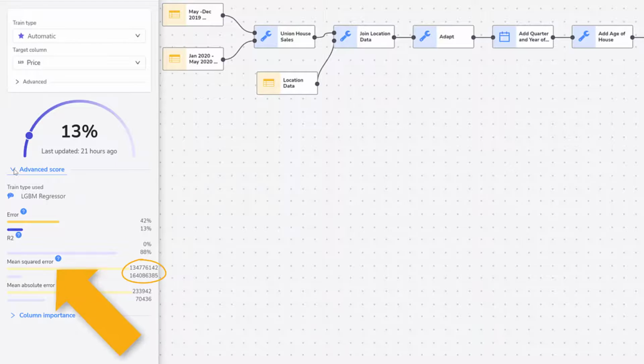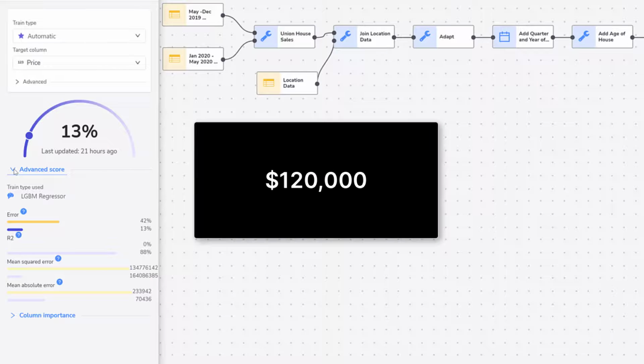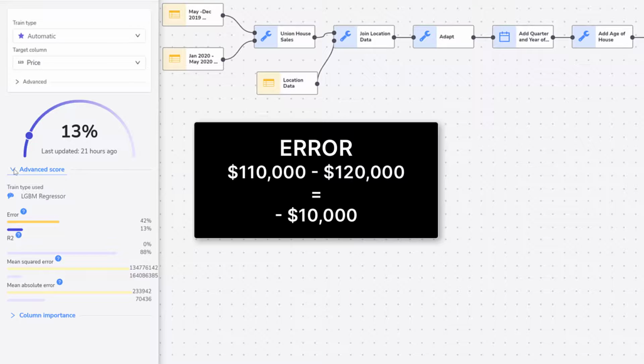The mean squared error provides the average of a set of squared errors in your model. The lower the mean squared error, the better the prediction. Remember the example where a house sold for $120,000. If the model predicted it would sell for $110,000, there would be an error of negative $10,000.